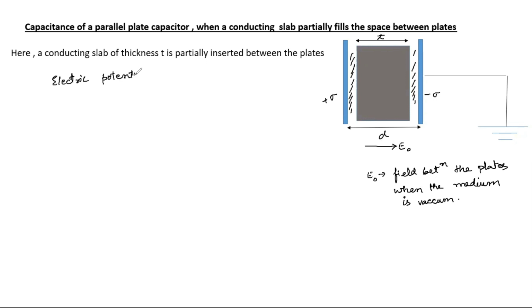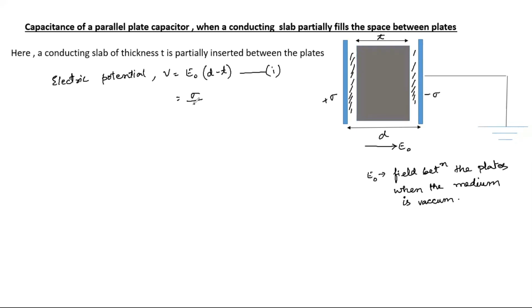electric potential V, and that is nothing but E naught, which is acting only in this empty space, and that is D minus T. Okay. This is the electric potential. So E naught, as we have mentioned, is nothing but the field when the medium is vacuum.